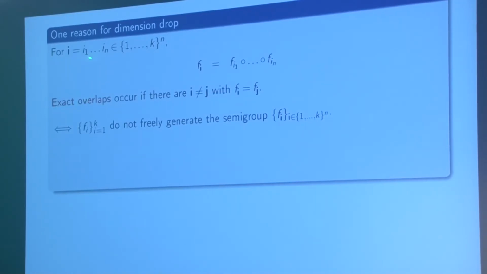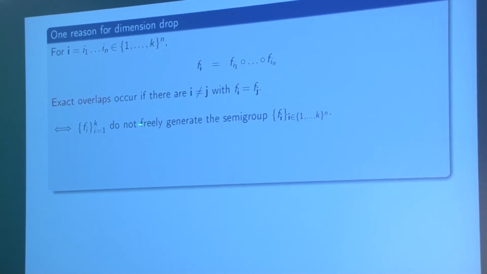More precisely, suppose you have a sequence of indices i1 up to ik from our index set, and you look at the composition of the maps F_i1 up to F_ik. I'm going to call that F_I, where I is the sequence. We're going to say that there are exact overlaps if there are 2 sequences of indices that give you the same composition. You can compose the maps in 2 different ways and get the same map.